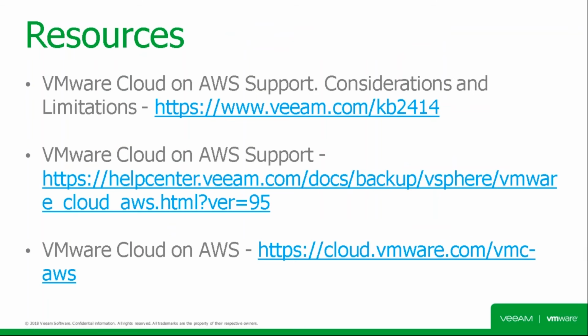Okay. So we just gave you a quick overview of some of these technologies today, right? PCM is your trusted advisor. They can help you dig deeper into vSAN. They can help you dig deeper into the VMware cloud. This KB2414 that I mentioned earlier is something I highly recommend.